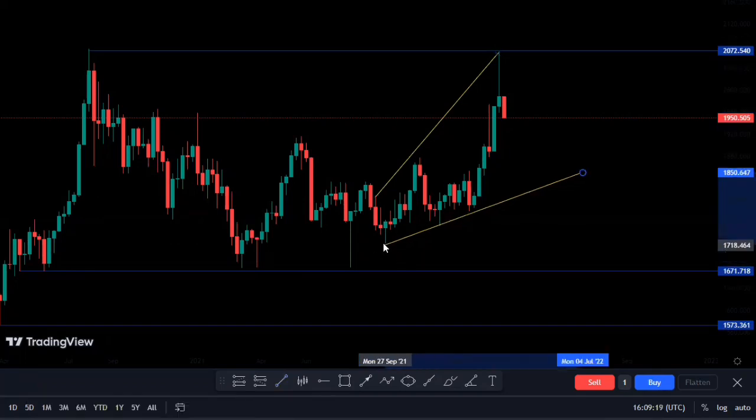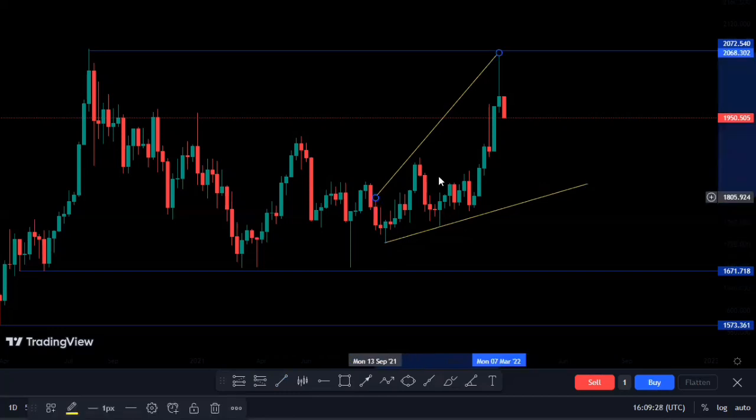Make sure all the time, guys, when you connect your structures or your trend lines, you connect them right to the weeks so that you can give valid levels. On other ones like this one here, the market doesn't have to come and respect your trend line exactly, but it will give you a confirmation.